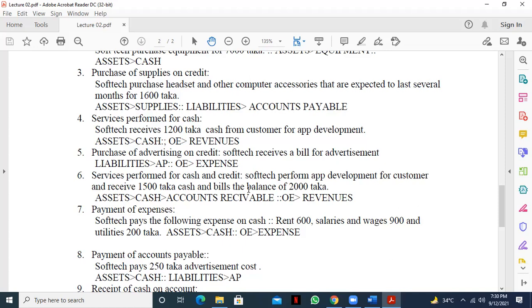In accounting, we call it accounts receivable. On the asset side, whatever you received in cash, you'll write in the cash column. And whatever is on due, you'll prepare another column called accounts receivable, and under it you'll write the amount that is on due.